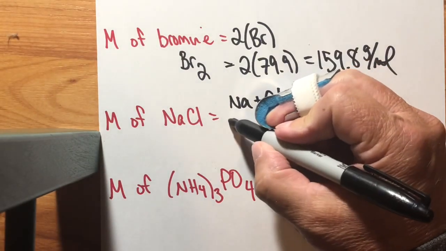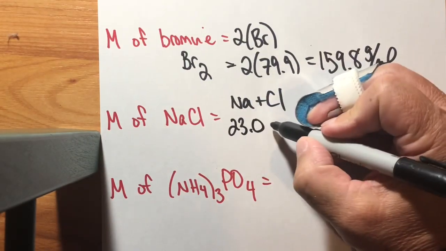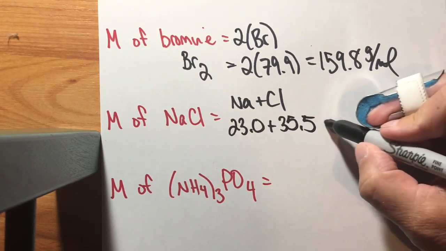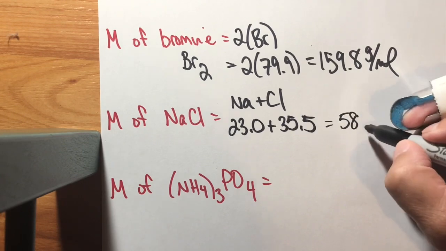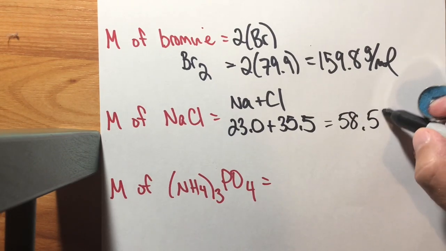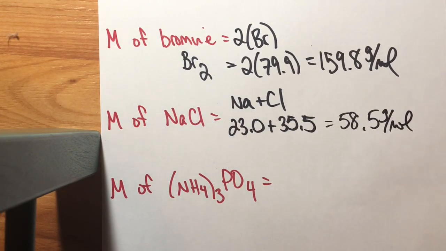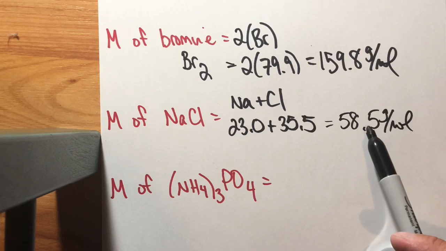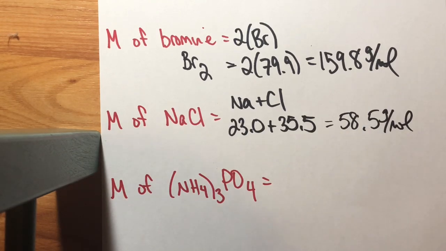So I have 23.0 plus 35.5, and that's going to equal 58.5 grams per mole. So those are the 3 steps I want to see for right now. The elements, the numbers, and then you can just plug in your answer, okay?